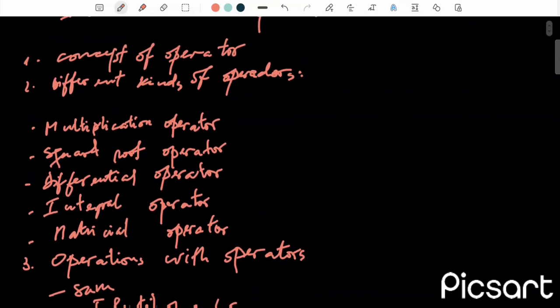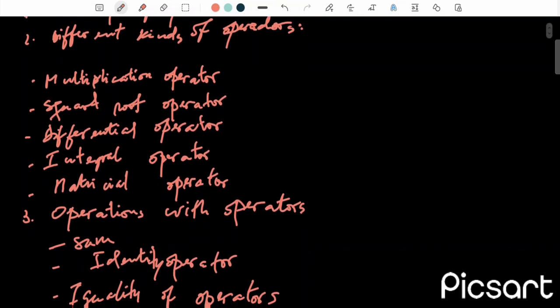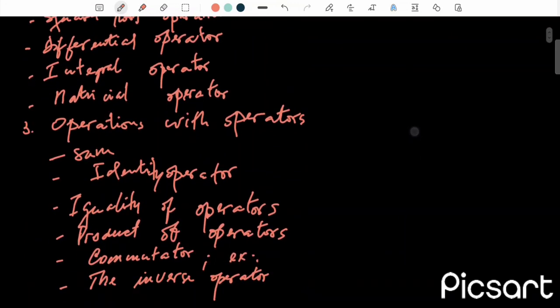About the different kinds of operators, we'll talk, for example, about the multiplication operator or multiplicative operator. We'll talk about a square root operator, differential operator, integral, and matricial operators. About operations with operators, we'll talk about the sum of operators.